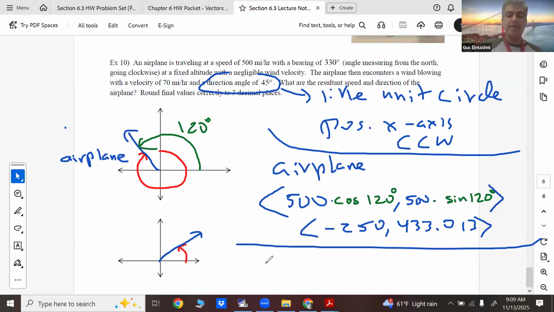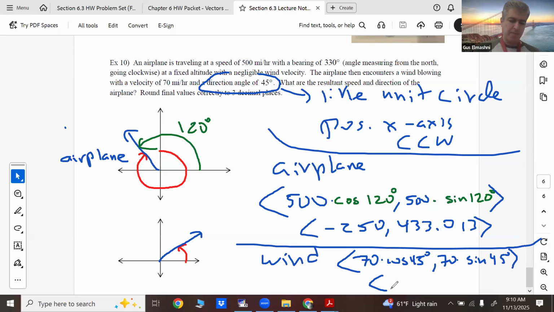Okay, wind. For the wind, that was 70 times cos 45 degrees. They should be the same, of course. And that's going to be, what's that going to be? 70 cos 45. 49.497.